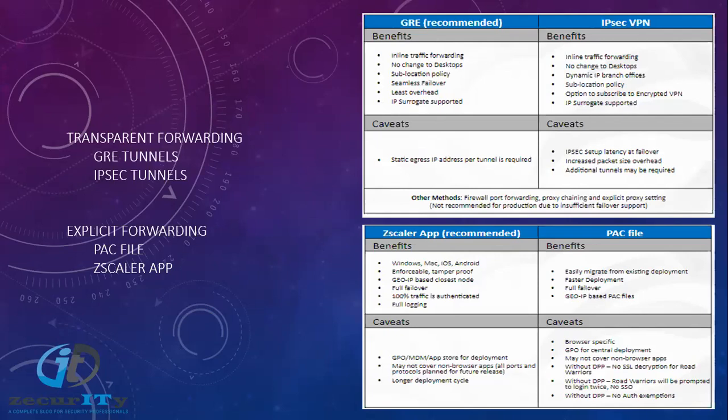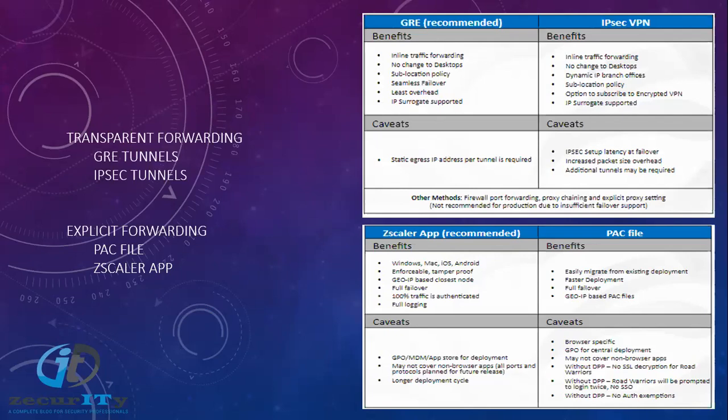When you see GRE or IPsec, GRE is predominantly for infrastructure where you have around 1 Gbps of bandwidth at the site. In IPsec, if your location has only 2 Mbps of bandwidth, then you can choose IPsec.